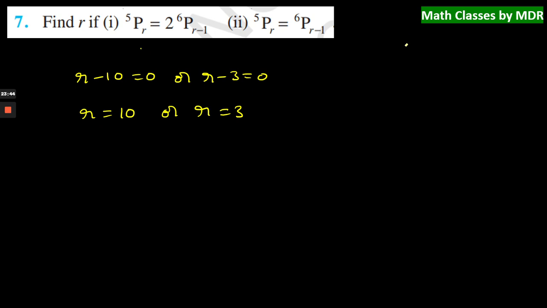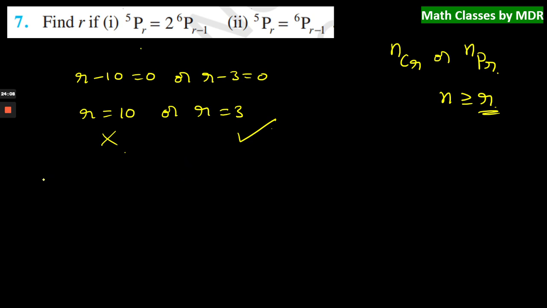So in the formula nCr or nPr, n is always greater than or equal to r. So r can never be greater than n, so 10 cannot be the answer because 10 is greater than 5. So r is equal to 3 must be the answer for this first one.